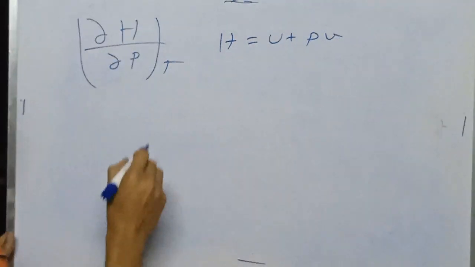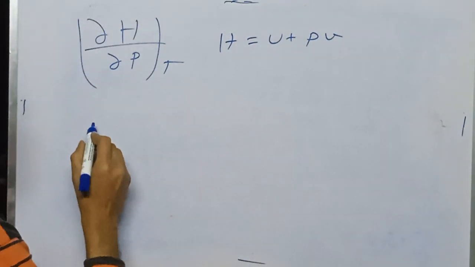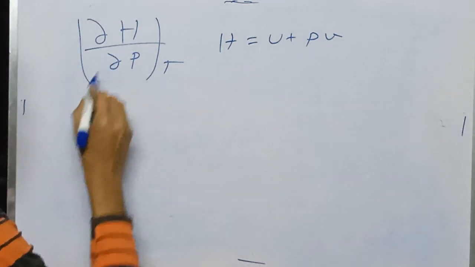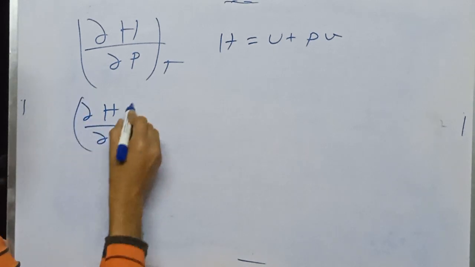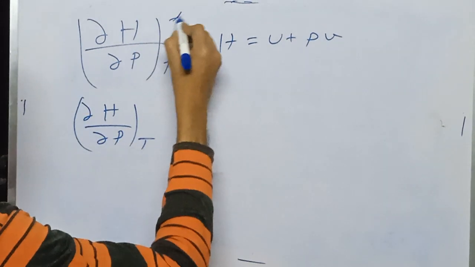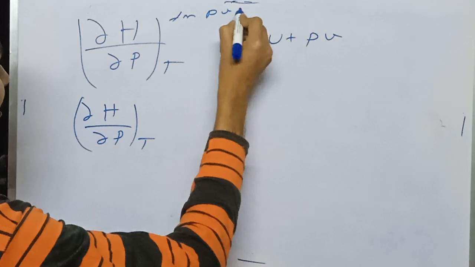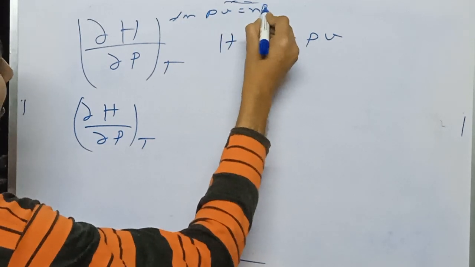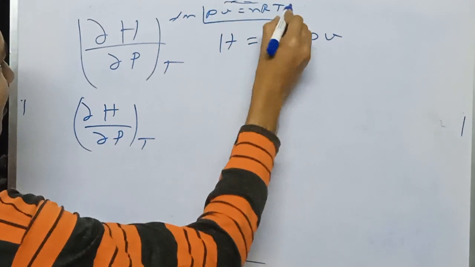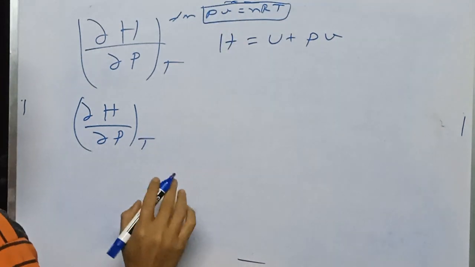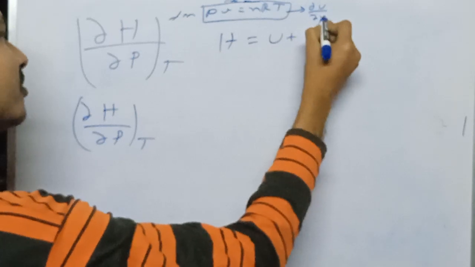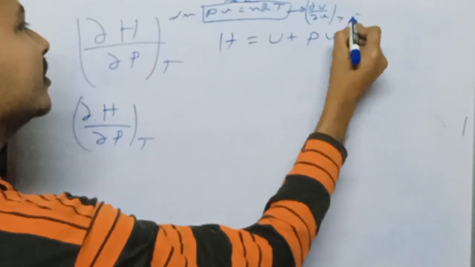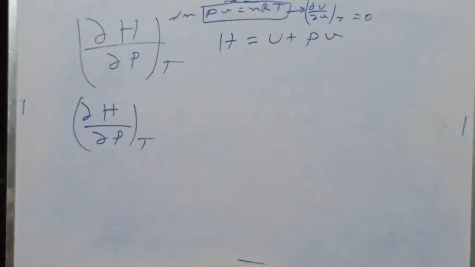So to obtain ∂H/∂P at constant T, for PV equal to nRT, that is the isothermal ideal gas equation, ∂U/∂V at constant T is equal to 0 from Joule's experiment, as these all are applications of Joule's experiment.